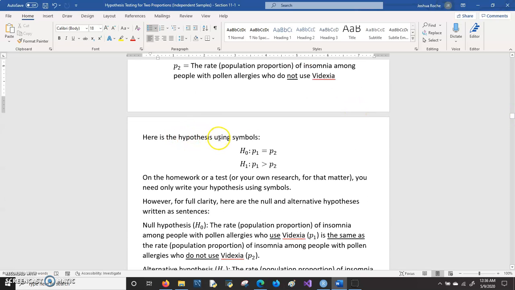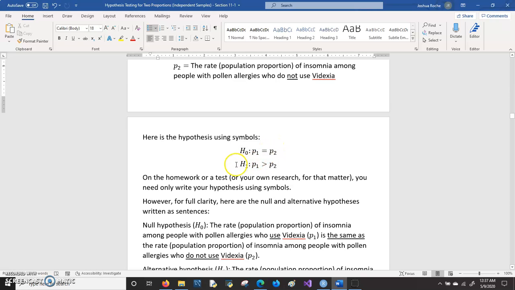And so here are the hypotheses using symbols. The null hypothesis is that the rate of insomnia among Videxia users is just the same as the rate of insomnia among all other people.